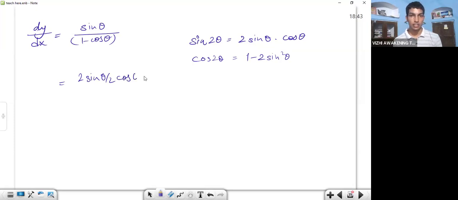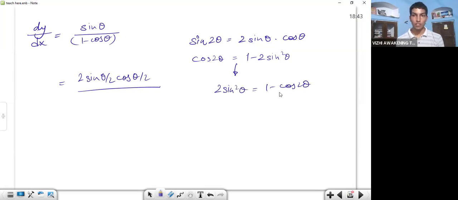Cos theta by 2, 1 minus cos theta. So let's tweak this formula a little and write it as 2 sine square theta equals to 1 minus cos 2 theta. So, 1 minus cos 2 theta is equals to 2 sine square theta.